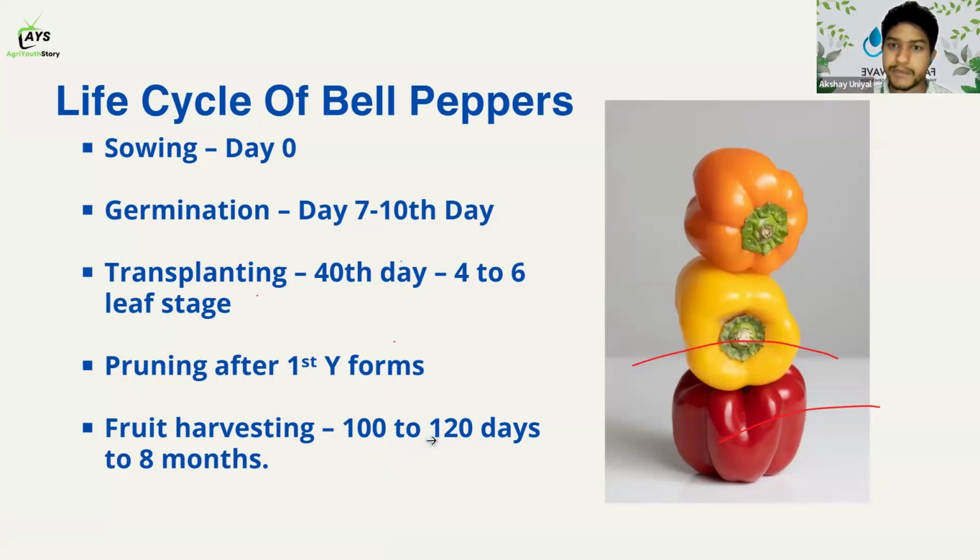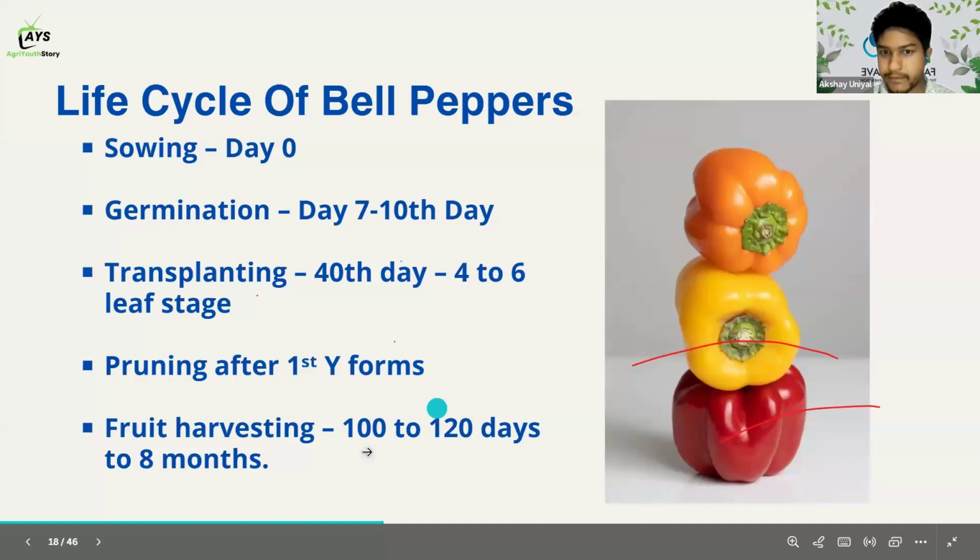In that harvesting period, we will also be doing the pruning. We will also be taking care of the plants. We will do the pest management also. We will do the disease management also. We will take care of everything for the plant. Plus, we will add another layer, that is the harvesting process, that will be taking place on a daily or 2 or 3 day basis, once in 2 or 3 days, and we will start the harvesting process.